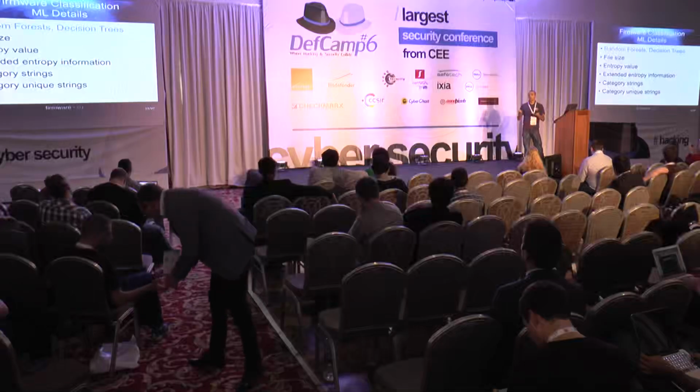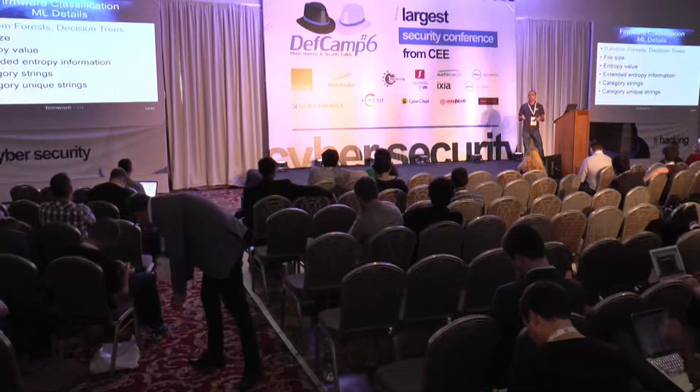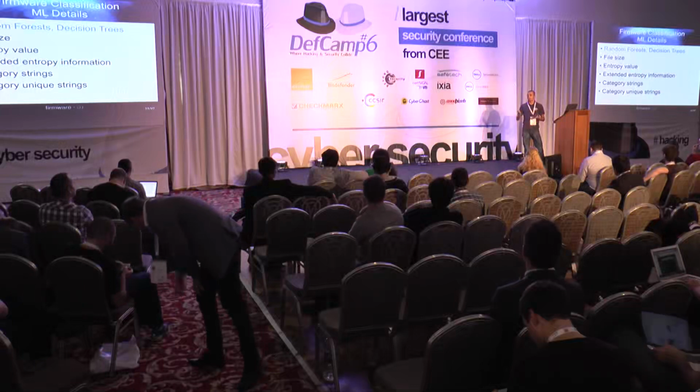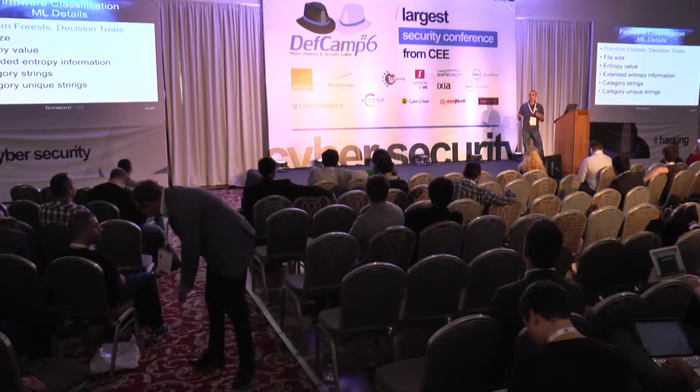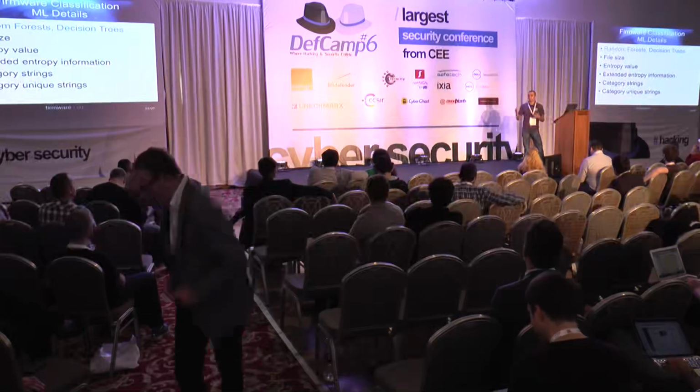And I'll give you an example why I use this. For example, if a vendor has a flash of 4 megabytes for storing the firmware or file system, then most of the firmwares uncompressed from the zip, like the raw file system, will have more or less 4 megabytes, plus minus hundreds of kilos, right?